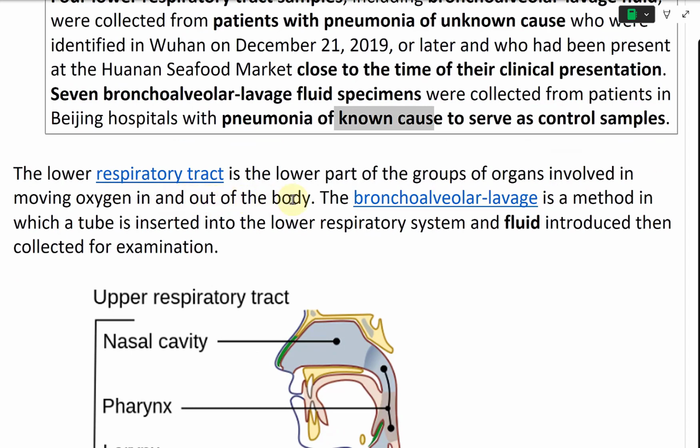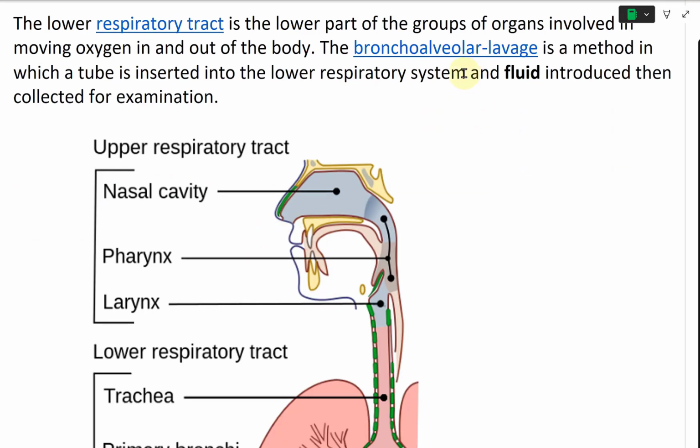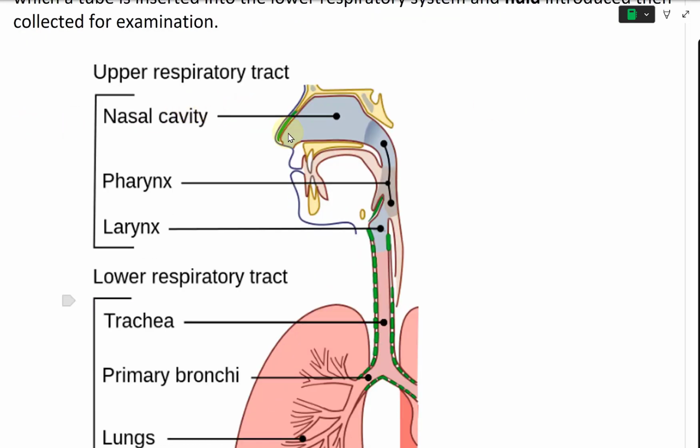So the lower respiratory tract is the lower part of the group of organs involved in moving oxygen in and out of the body. And bronchoalveolar-lavage is a method in which a tube is inserted into the lower respiratory system and fluid introduced, then collected for examination.